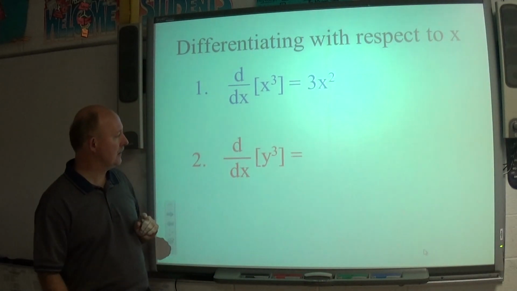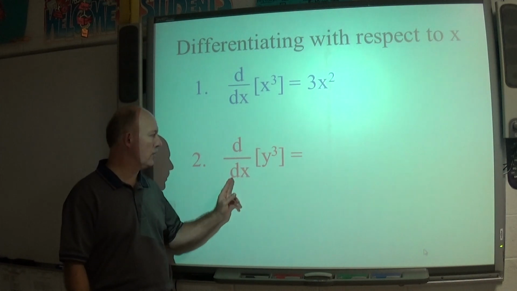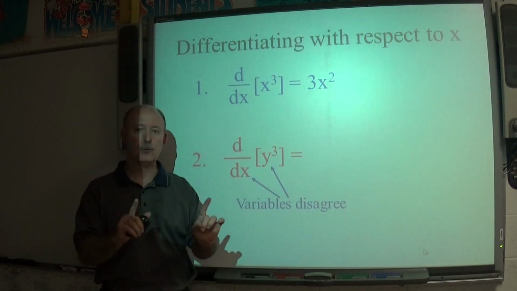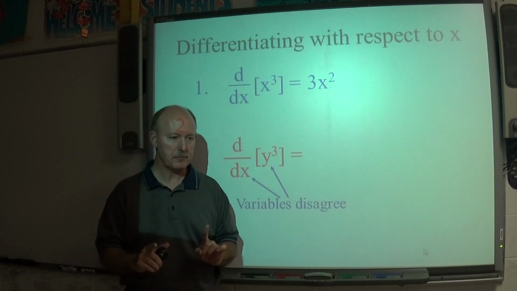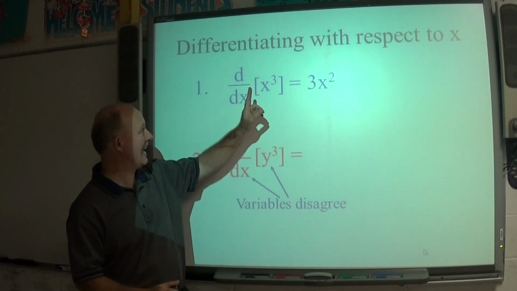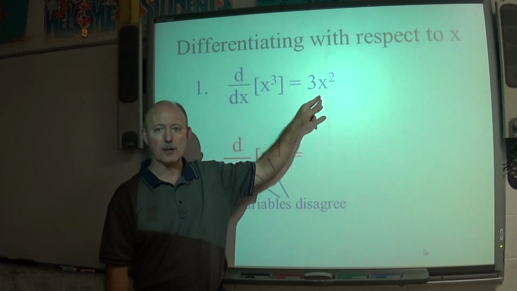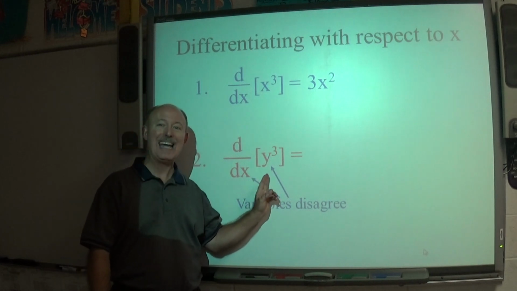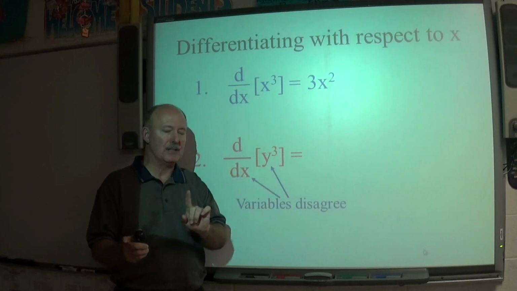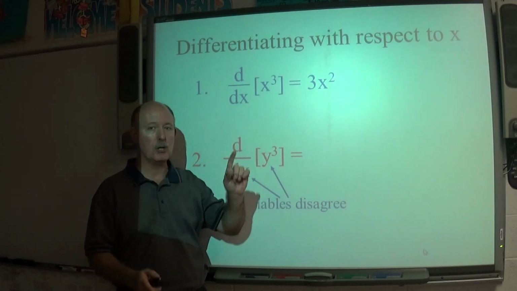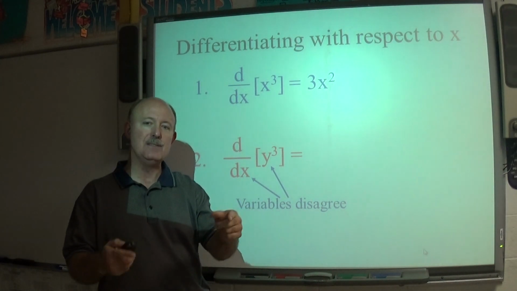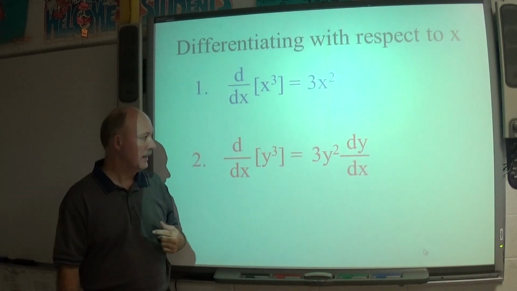What if we had the derivative of y cubed with respect to x? Now this time the variables do not agree. Now remember the derivative of x cubed is 3x squared. So the derivative of y cubed, you take the derivative the same way you take the derivative of x cubed, but we have to leave dy dx as a factor. Now let me point this out.